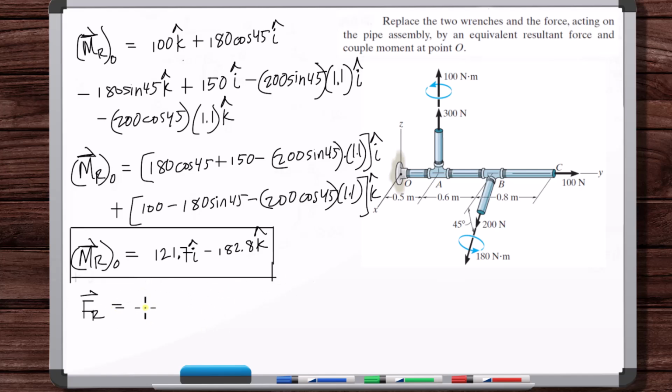Okay. So we've got 300 k hat plus 100 j hat. That's this force. All right. Now, plus 200 cosine 45 i hat minus 200 sine 45 k hat.